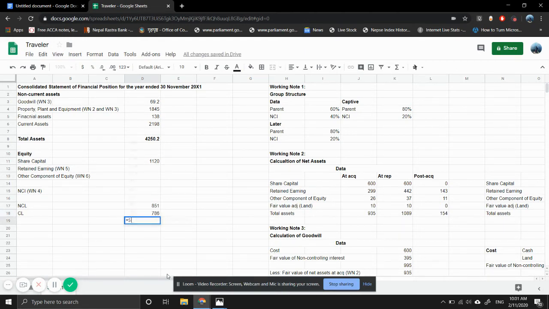So this will be the sum of all this plus this, and then this will be our total equity and liabilities.